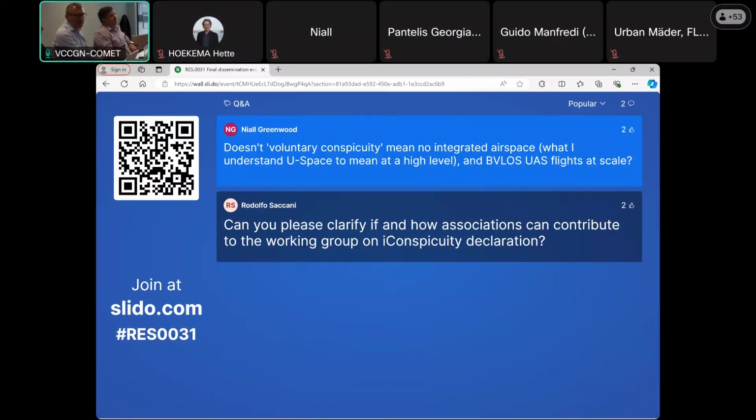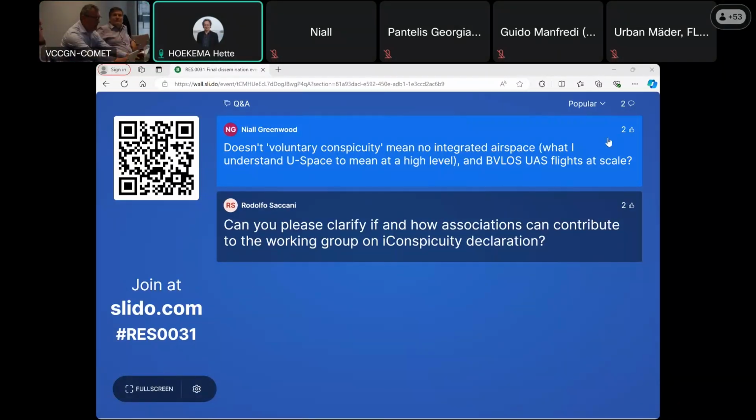But in U-space, it's understood and confirmed that this will be a sufficient solution for these initial implementations of U-space. So that's one distinction between U-space and non-U-space environments. But the ambition of this project was to look at any airspace for consistency with U-space from the perspective of manned aviation conspicuity. I hope this clarifies.